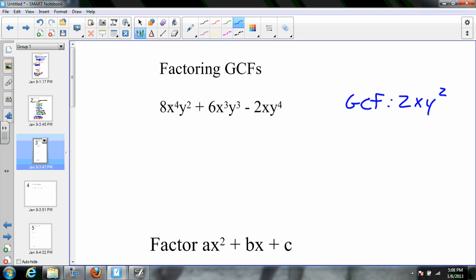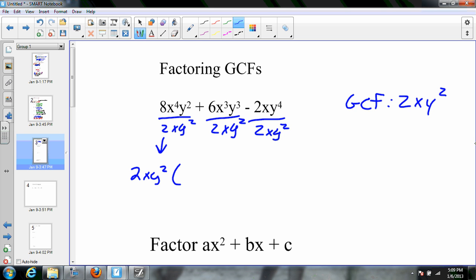Okay, so we're going to factor it out, which is like dividing it out of each term. When we factor it out, it doesn't disappear. It goes outside. This is really reverse distributing. And we write the leftovers. So we got 8 divided by 2, which is 4. X to the fourth over x is x cubed.